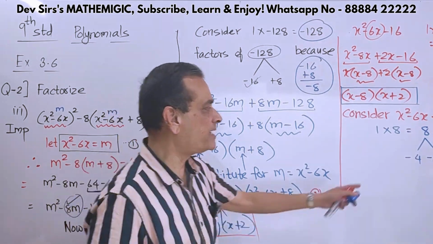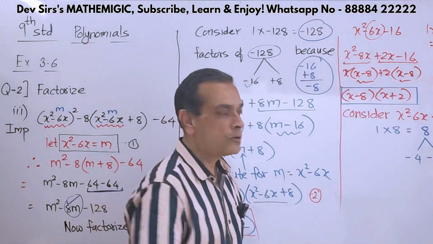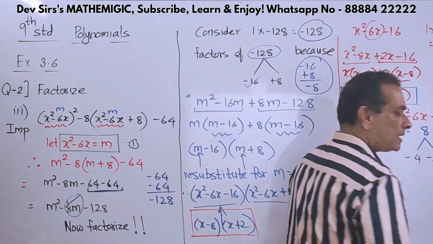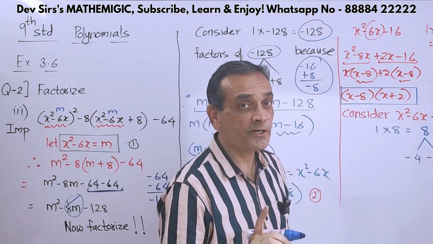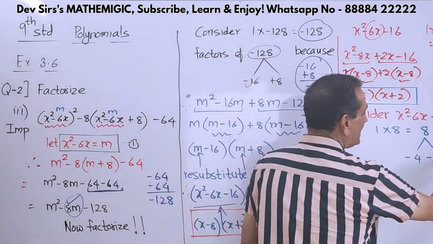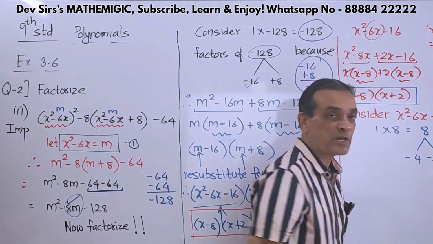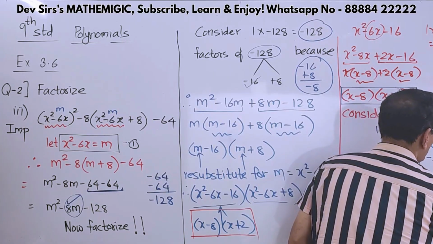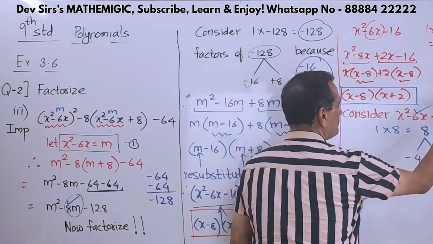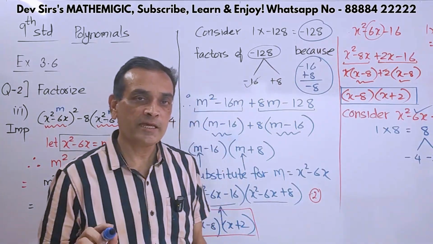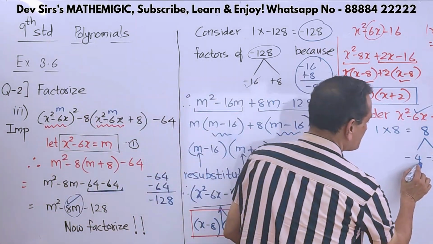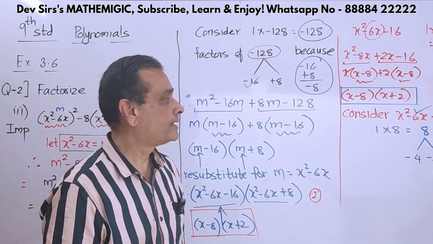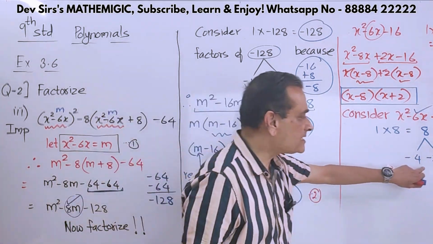Now add them. I have already said, minus into minus is plus, but when you add two negative numbers, don't say minus minus plus. Minus 4 minus 2 is minus 6, which is what we want over here. So that is the thing. Factors are minus 4 minus 2, not plus 4 plus 2. Okay? So these two factors are fixed now.